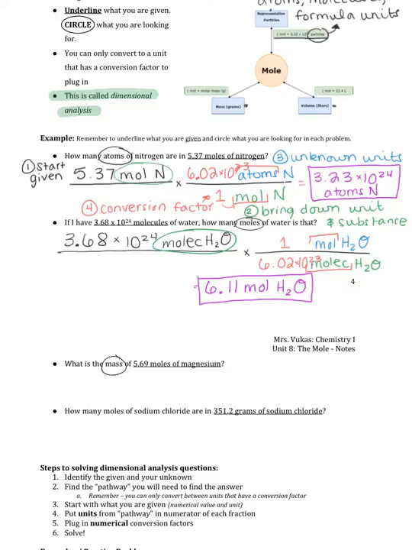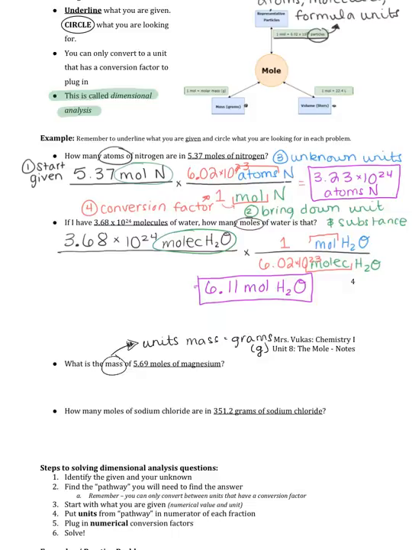Now, this one is not asking for how many atoms or how many molecules. This one is asking for the mass. Remember that the unit of mass is grams, which usually we write as just a G. So when we're plugging in units, that's the unit we're going to use for this problem.